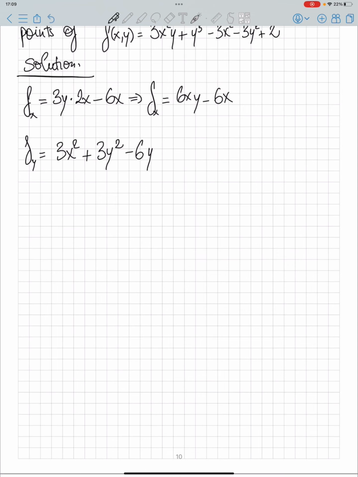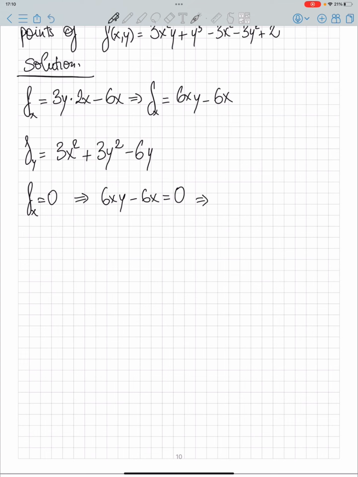We have the two derivatives, so we're gonna put first fx is equal to 0 and then fy is equal to 0, right? Let's start by fx is equal to 0, which means that 6xy minus 6x is equal to 0, right?